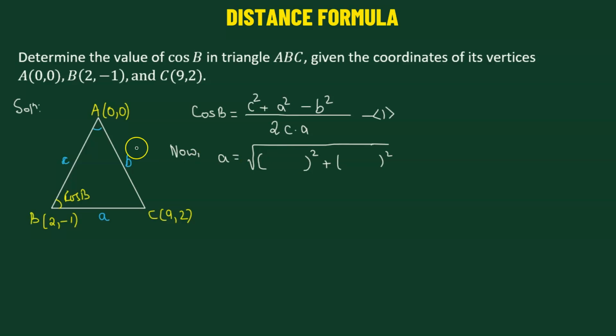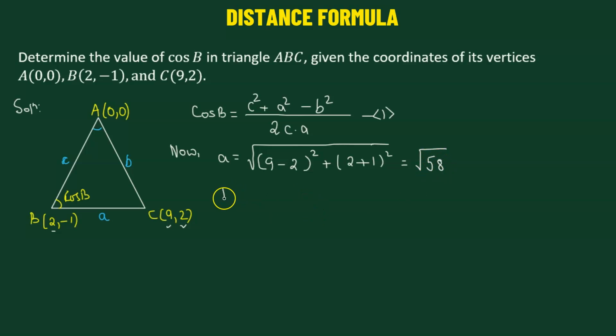Since we are considering the length a, we have to consider the endpoints of the line, that means B and C. So we'll start with the x coordinate of C, which is 9, and from it subtract the x coordinate of B, which is 2. That's going to give us the difference of the x coordinates. Similarly, for the difference of the y coordinates, we take the y coordinate of C, which is 2, and then we subtract -1 from it, so we get 2 plus 1. So this is going to correspond to a value of square root of 58.